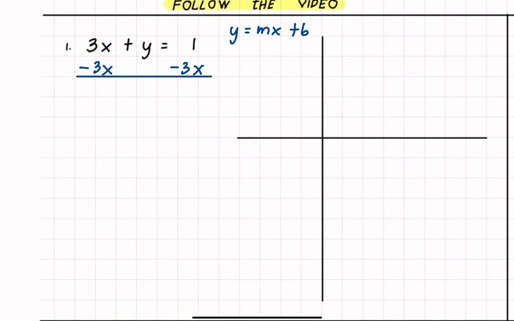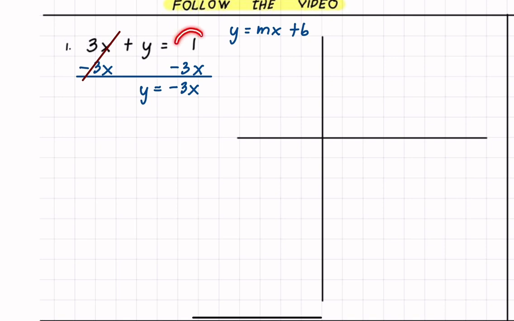So 3x minus 3x is just 0. It will be cancelled, and then bring down y. We have y is equal to, we cannot subtract 1 minus 3x because they are not similar terms. So we just copy negative 3x.